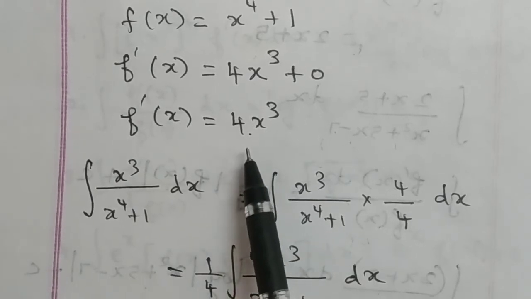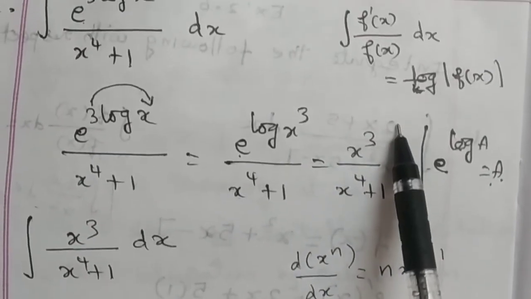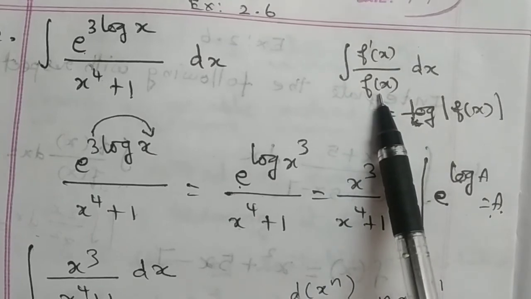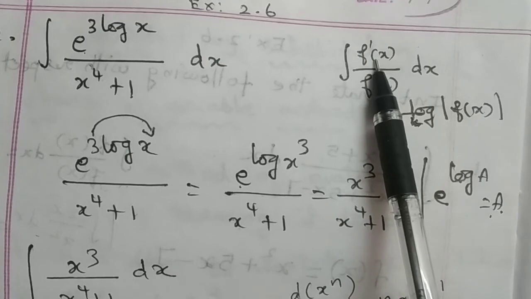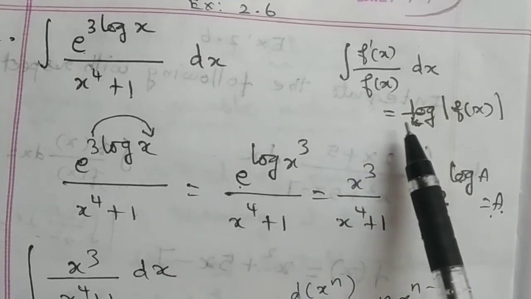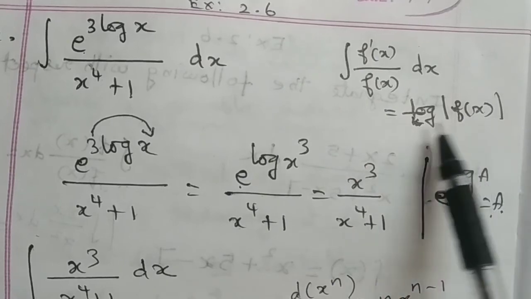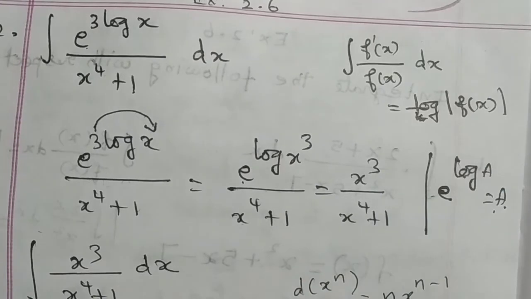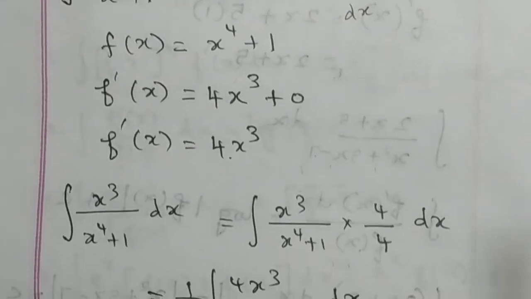We know the formula: integral of f dash of x divided by f of x. The given function is f of x, the derivative is f dash of x. It is present in the numerator, so we get log modulus of f of x. We know that result, so apply that here.